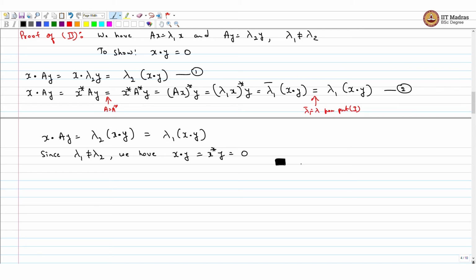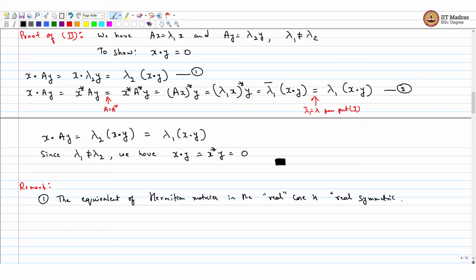And if I go back to this example, you can observe. Let me make a remark. The equivalent of Hermitian matrices in the real case is real symmetric matrices.